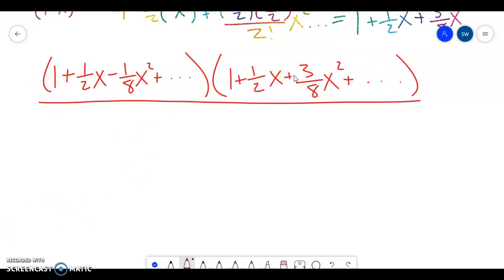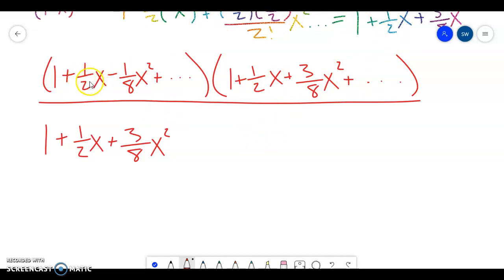We only care about up to the x squared term. So let's just start with 1. If we distribute 1 into this power series, we're going to get 1 plus 1/2 x plus 3/8 x squared. Anything after this term, when you distribute 1, is going to be a power greater than x squared.